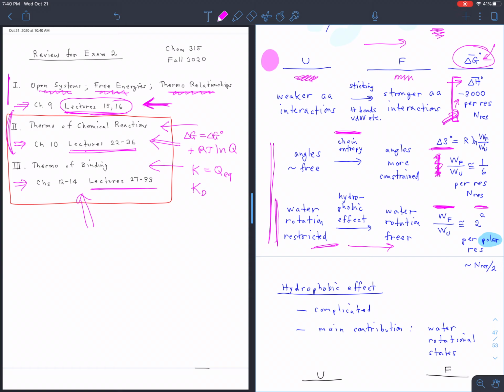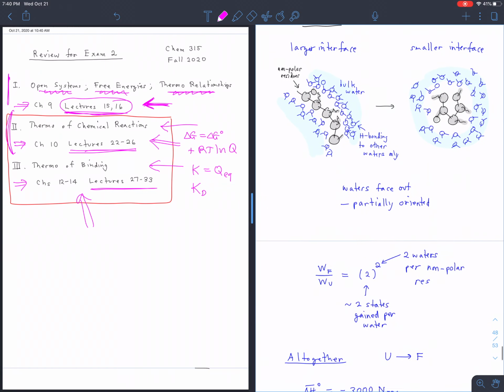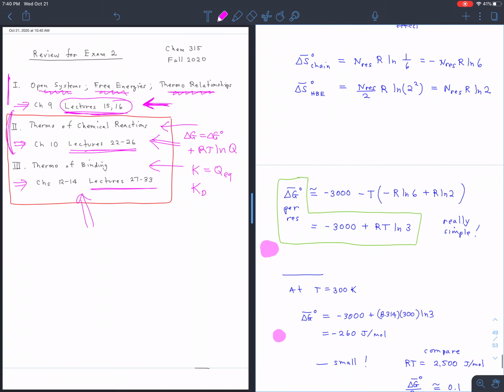That's a favorable one, and that gives another contribution to delta S. Adding those things up all together gives us our final model for the delta G for folding. There's the delta H contribution here, and then there's the two delta S contributions added together, and you get this very simple expression for how the delta G should depend on temperature.